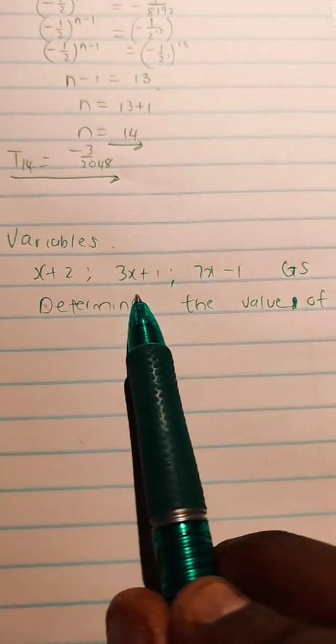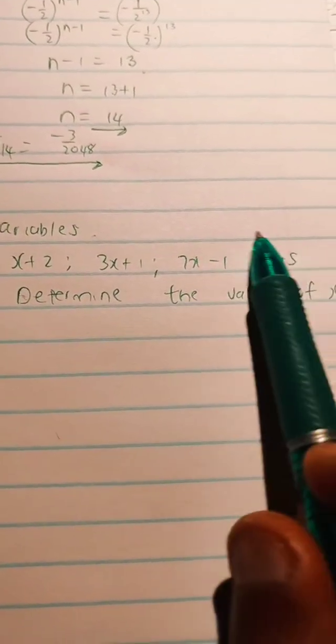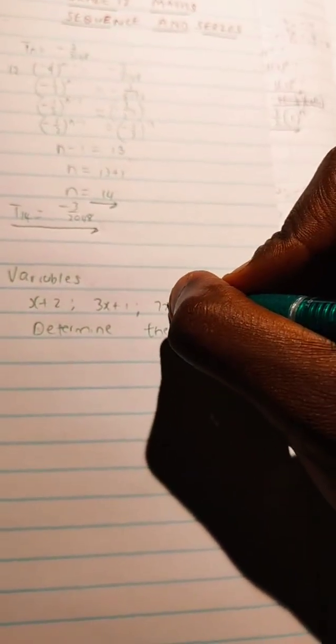If x plus 2, 3x plus 1, and 7x minus 1 are a geometric sequence, the question is, determine the value of x. So what would we then apply, since we know that this is a geometric sequence? What concept can help or aid us in being able to find the value of x, given our understanding that this is a geometric sequence? What concept would we have to apply?